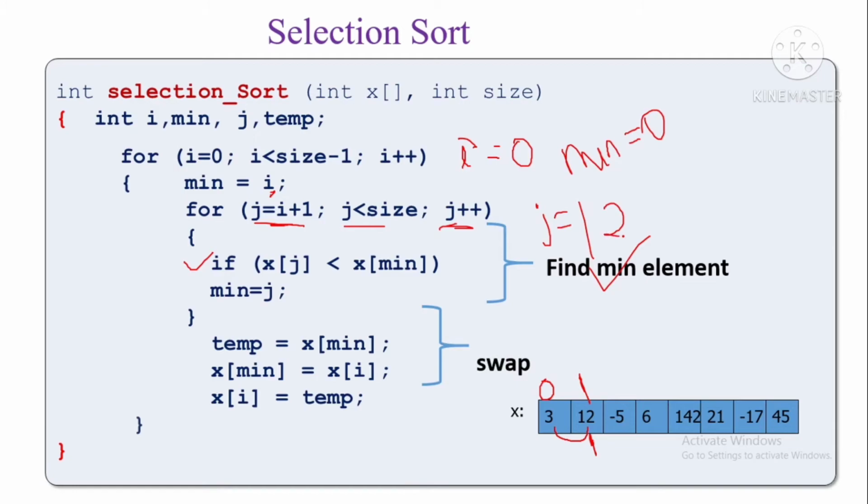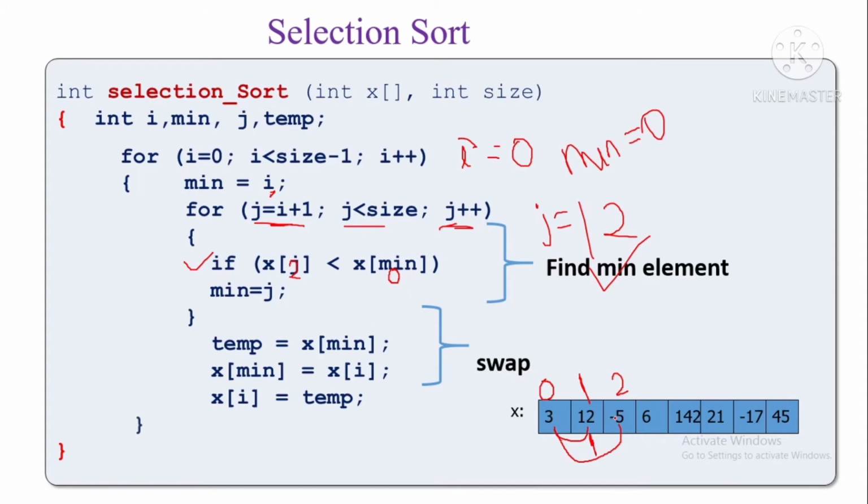Now I am incrementing the value of j by 1. So j is equal to 2 now. My I is still 0, min is still 0. Now x of j, meaning x of 2, is compared with x of min. So far my min position is 0 only. So I am comparing this minus 5 with this 3, right?